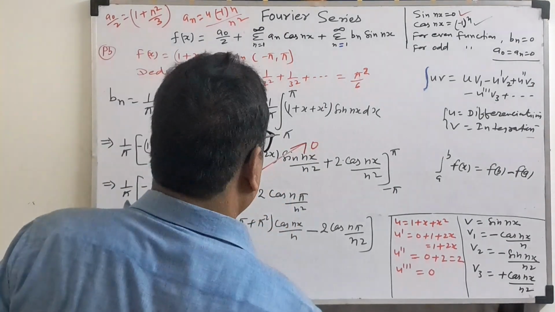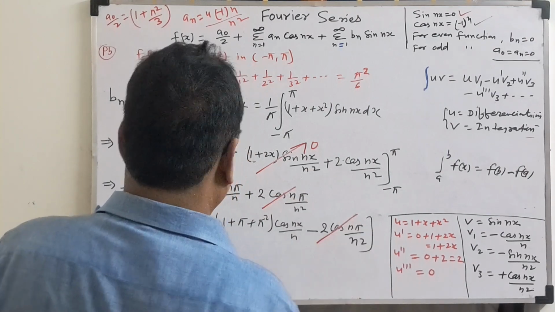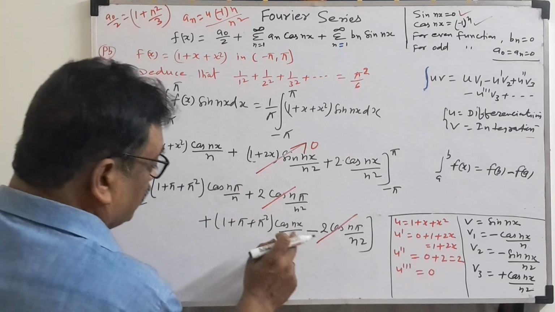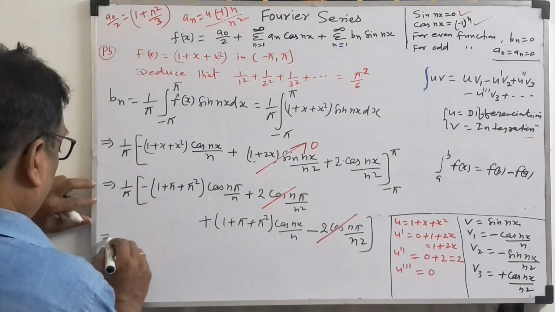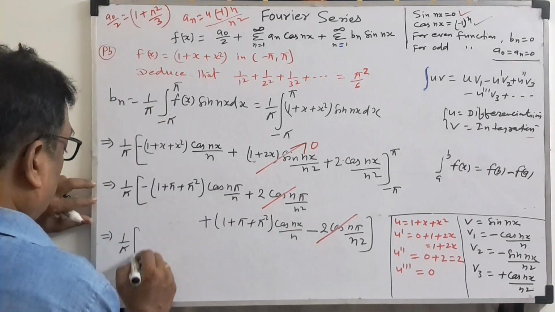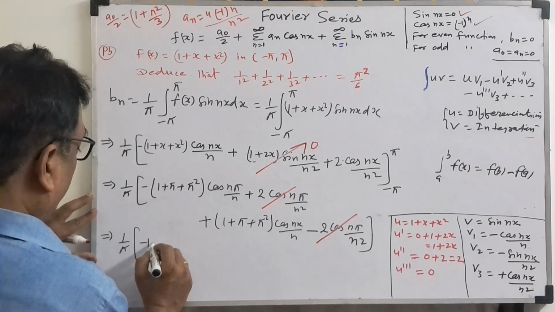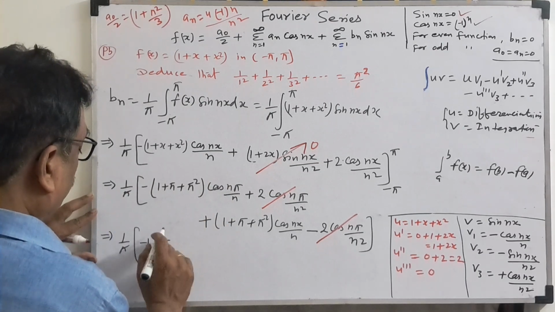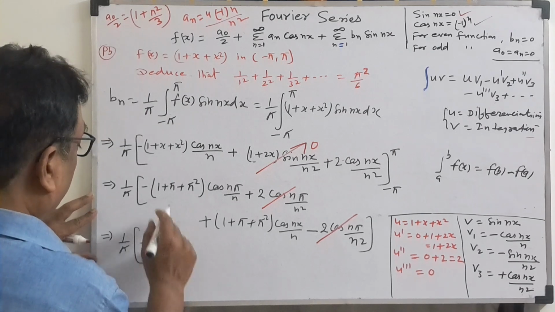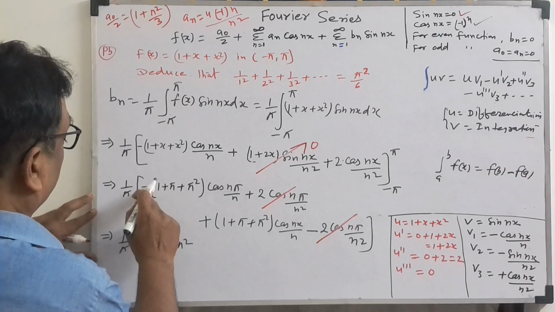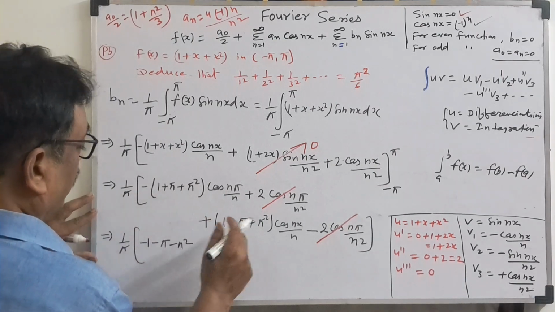This 2 and this will get cancelled. So what remains here? This and this part. Take common, it will be easy for us. So all will be minus. Minus 1 minus pi square. See, I open the bracket, all minus.